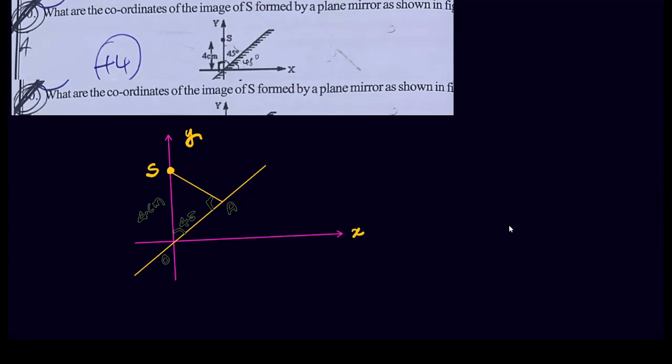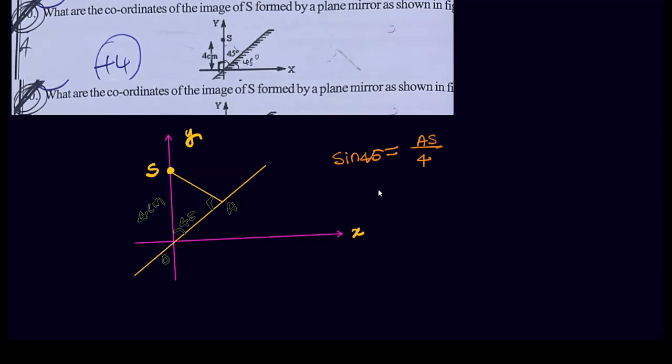This perpendicular distance, AS, if I apply sine 45, which will be AS by 4 centimeters, opposite by hypotenuse.